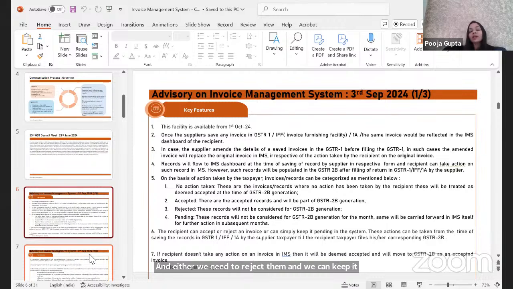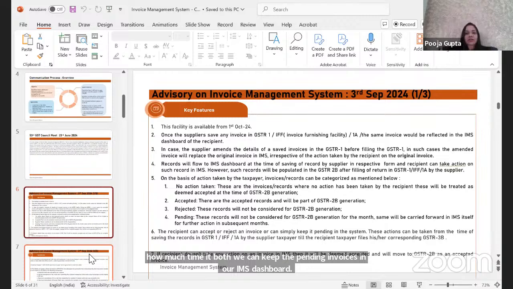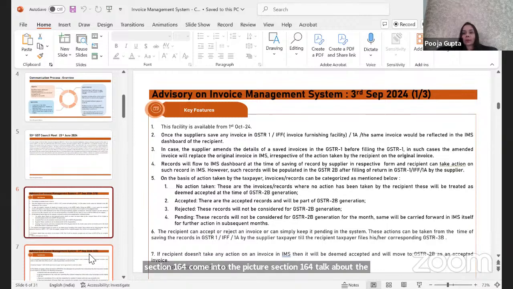And how much time can we keep the pending invoices in our IMS dashboard? Again, Section 16(4) comes into the picture. Section 16(4) talks about the time limit for availing the input tax credit for any invoice or debit note: by the 30th of November of the succeeding year or the due date of filing the annual return of that financial year, whichever is earlier.